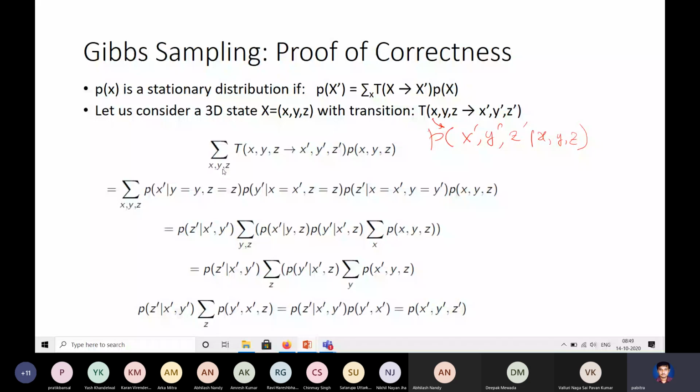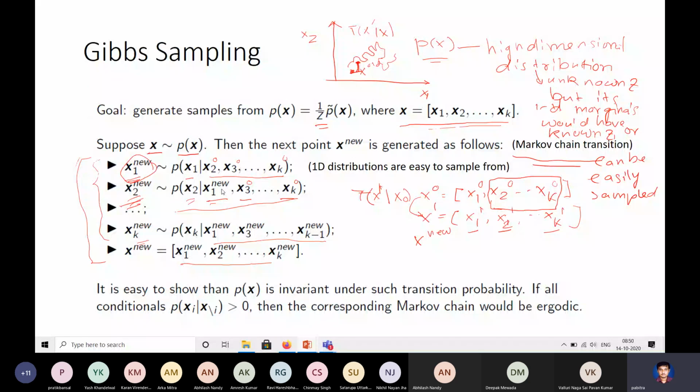Now see, what is our transition for 3 dimensions? It would be x1 new, x2 new, x3 new. These are 3 transitions, so your new is a collection of these 3 transitions, one dimension at a time. And since each transition is independent, the probability of x1 new, x2 new, x3 new from x1 old, x2 old, x3 old would be the product of p(x1 given x2 old, x3 old), p(x2 given x1 new, x3 old), and p(x3 given x1 new, x2 new).